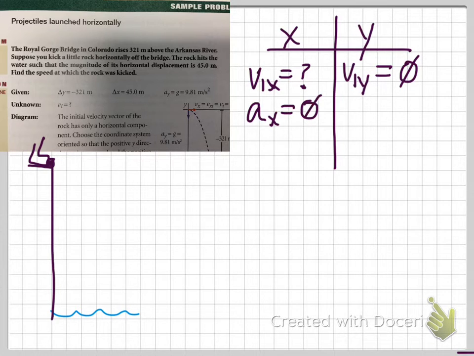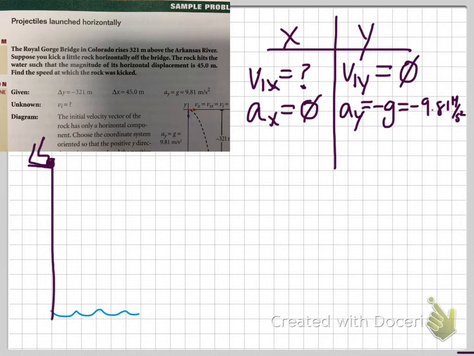There is none. What about acceleration on the y-axis? It is equal to negative g, or negative 9.81 meters per second squared. Hello, gravity, my old friend. I've come to talk with you again. I really should use the pause button for things like that.